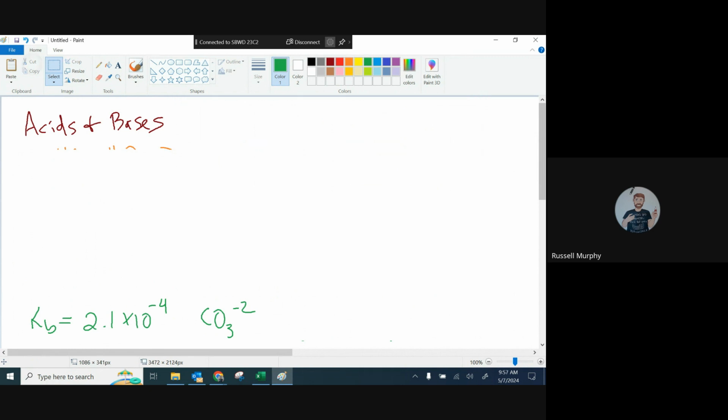So what I'm going to do is put sodium carbonate into water, and this is a solid. Is sodium carbonate soluble in water? It's got sodium in it, so yeah.